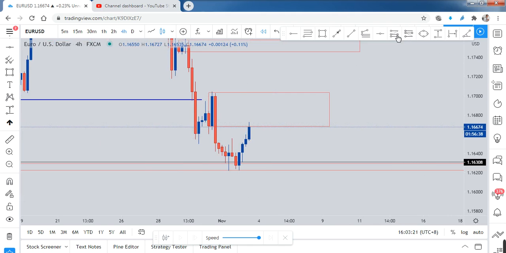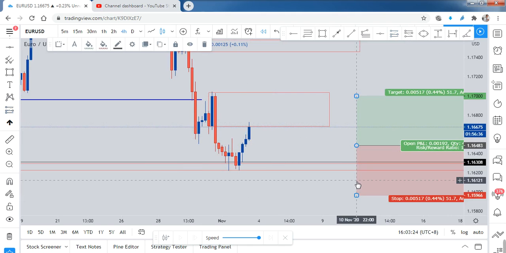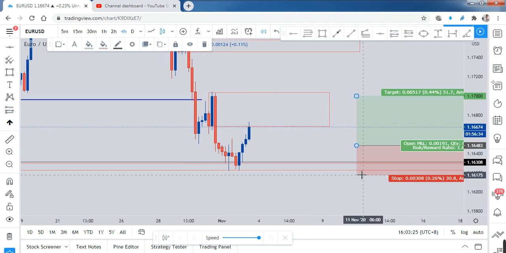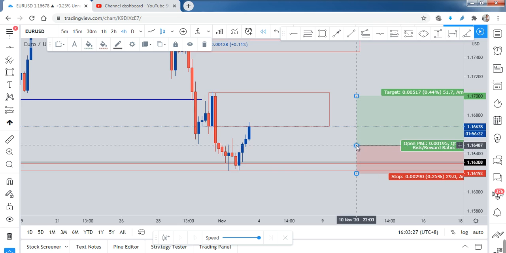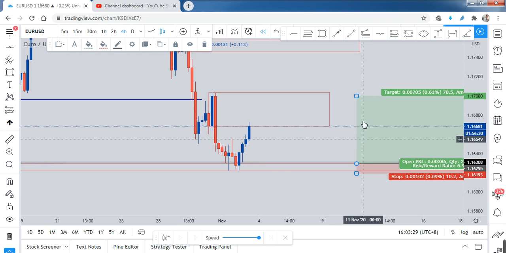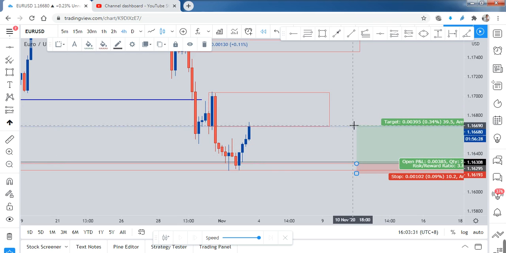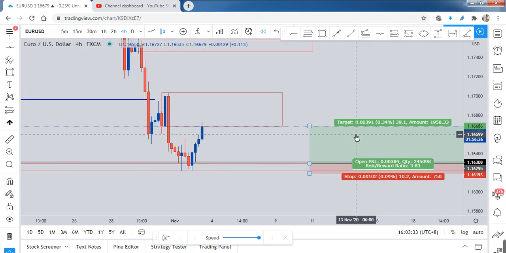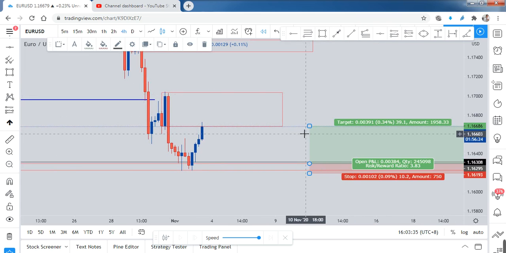I'm good because I have quite a nice risk reward, around 1 to 3. That's it, end of the story for me. Win is a win. Doesn't matter if it's a big win or small win. For me, profit is nice. So this is how I trade.